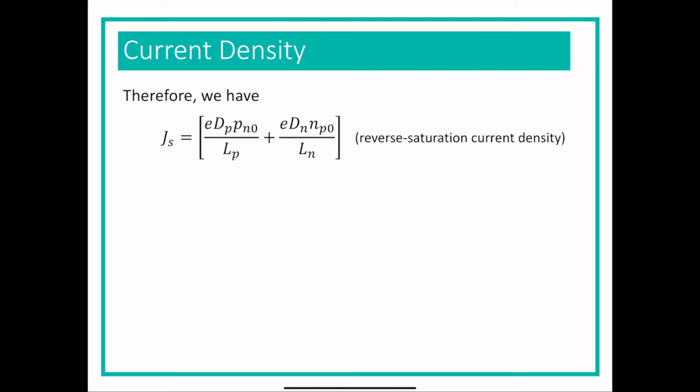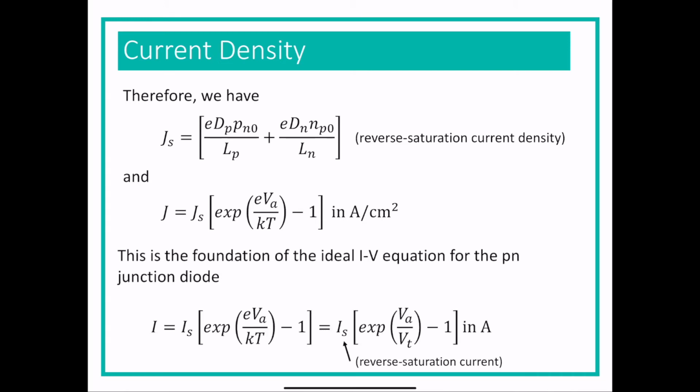So what that means, though, is that we are going to simplify our equation a little bit, and we get our current density is just the saturation current density times the exponential function, e to the eV_A over kT, minus 1. And this is moving towards the foundation of the ideal current voltage equation for the PN junction diode, because if we know the cross-sectional area, which oftentimes we do, we can change this to a current equation.